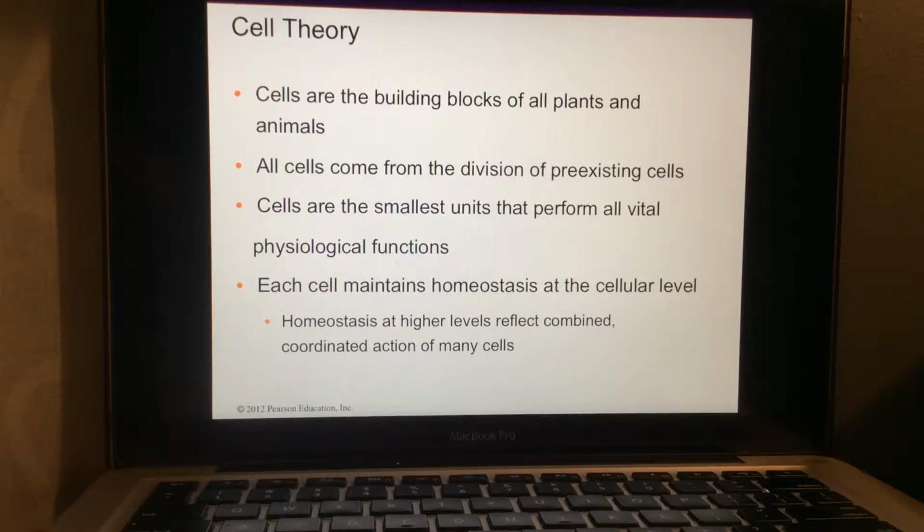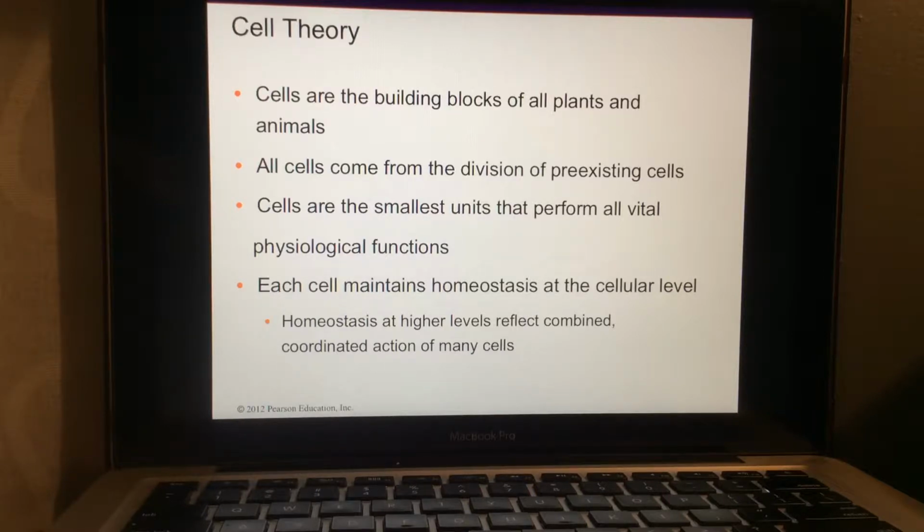They are the smallest units that perform all vital physiological functions. There are trillions of cells. Each individual cell maintains homeostasis at the cellular level. So overall, the whole organism maintains homeostasis. It's the coordinated action of many, many cells.